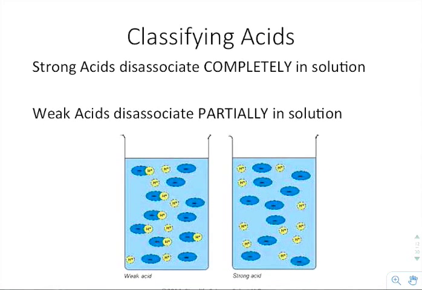Whenever you classify acids, you can classify them as being strong or weak. And what determines whether they're defined as strong or weak is whether or not they completely dissociate in water. So for example, you see an acid here. We'll call it HCl. If you look, there are some H's and there are some Cl's that are dissociated from one another. But that right there is not the case all the time.